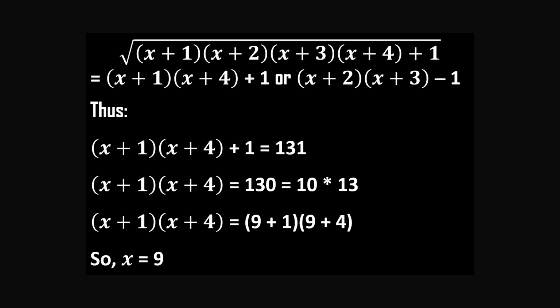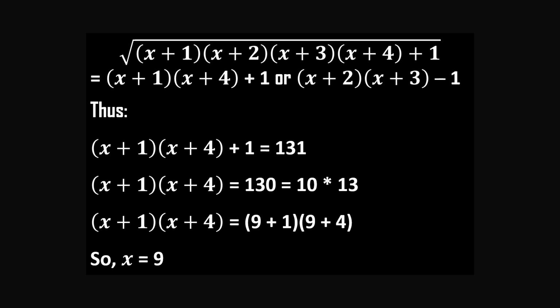Either the smallest and the biggest, x plus 1, the smallest, multiplied by x plus 4, the largest, plus 1, or the middle two numbers, x plus 2 into x plus 3, minus 1. We will check with both. Both will give the same answer.